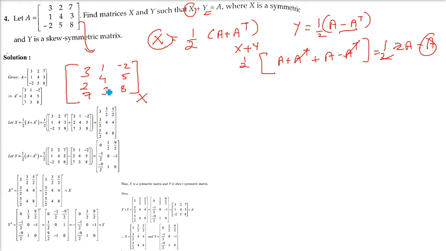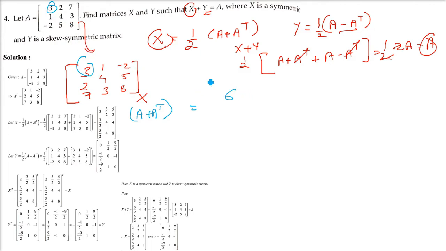Now A and A transpose we will add them. So A plus A transpose we are doing. So first we'll add them, then we will divide it by 2. Just add these two. A is this, A transpose is this.